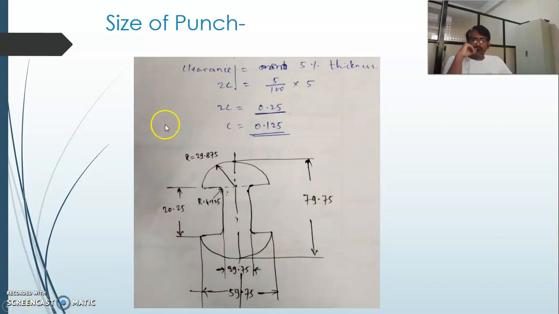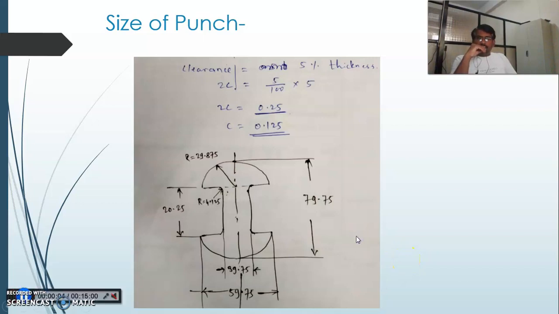So this becomes your size of the punch. You have to draw this size of the punch with exact dimensions on the sheet, and the size of the die with exact dimension of the component has been shown. So this will be the size of the punch and the die which will be required to be drawn on the sheet.